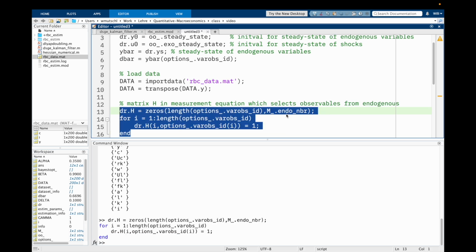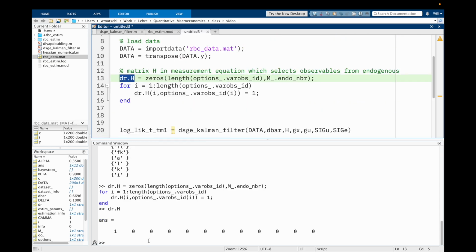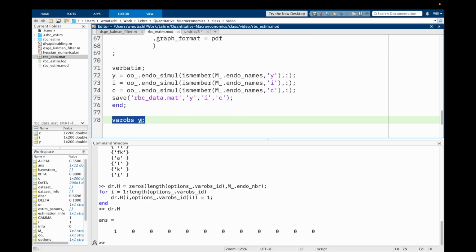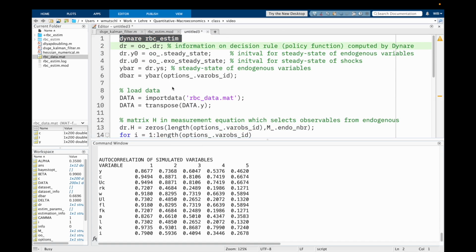So if I run this, I have found my H matrix. Okay, just for illustration, let's say we're going to observe 3 variables. Then let me run this again.